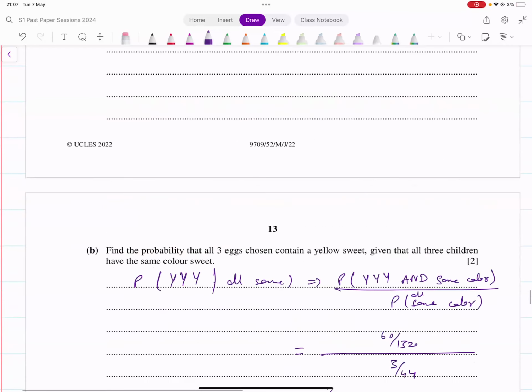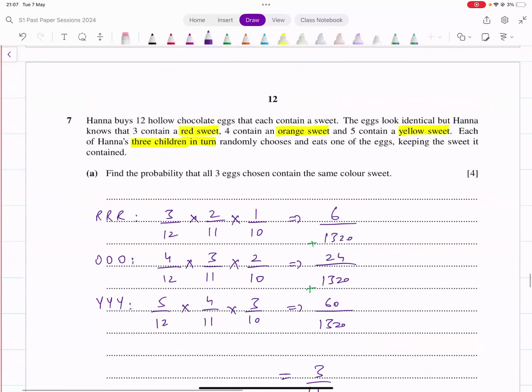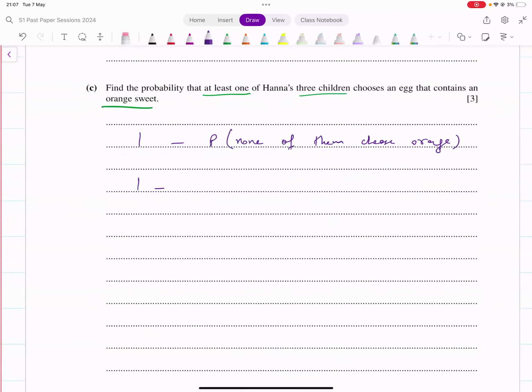What was the number of orange sweets there? That was 4 out of 12. So the total is 12. The number of orange chocolates is 4. And the remaining chocolates which are not orange, they are 8. What's the probability of none of them choosing orange?